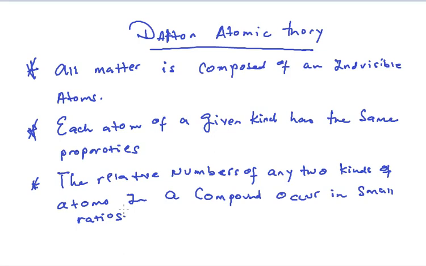Regardless of the source, water is composed of 2 atoms of hydrogen and 1 atom of oxygen. That makes water a compound. This takes us to the law of constant composition, which means the relative number and kinds of atoms are always constant regardless of the source.